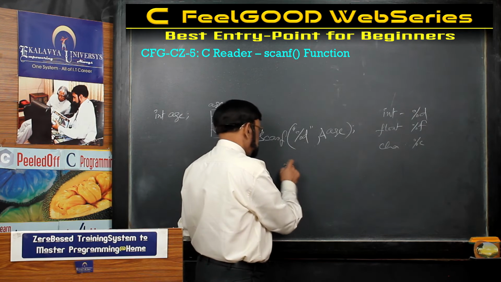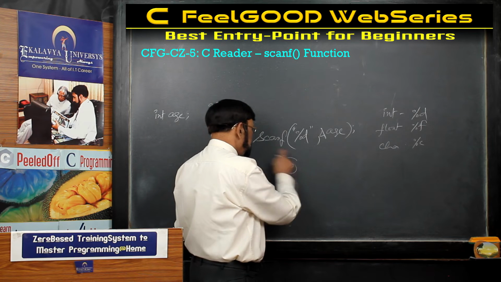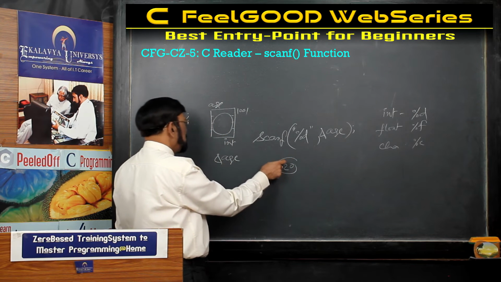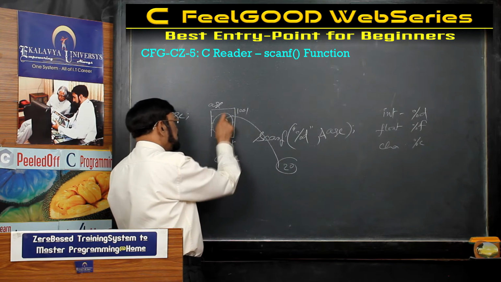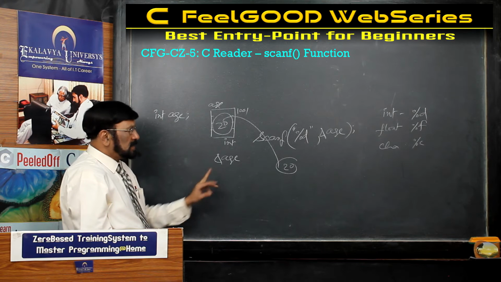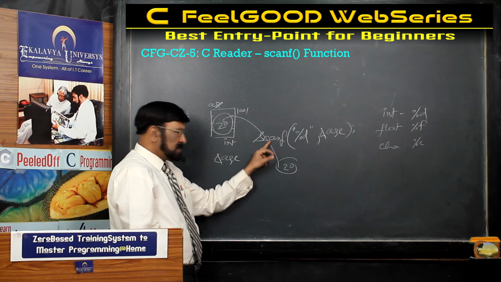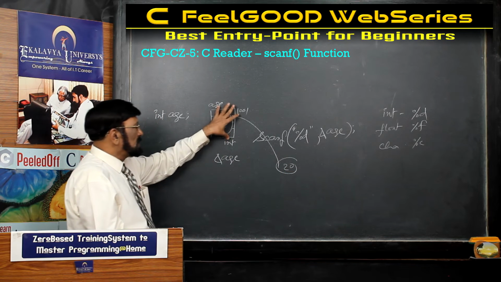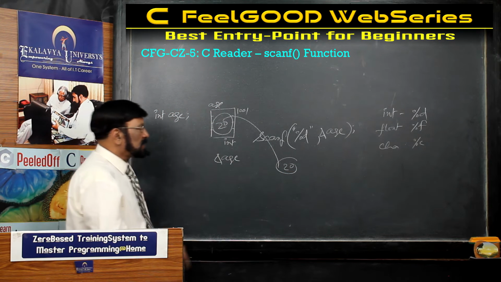You entered 20 on the keyboard. Then the postman takes the 20 value and drops it at this address, so it is filled with 20. Address of means the postman drops whatever value you typed into the address. That point you have to understand.